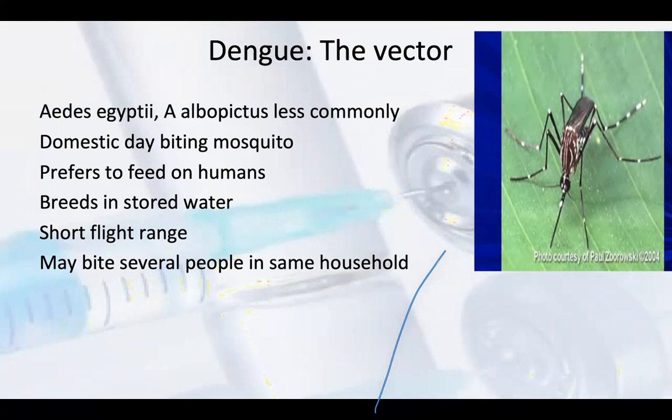It is a domestic, mostly day biting mosquito. In case of malaria, it is night biting, but this can be a domestic day biting mosquito. It prefers to feed on humans, breeds in stored water, has a short flight range, and may bite several people in the same household. So these are the characteristics of a dengue vector.